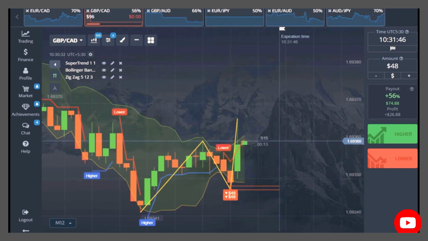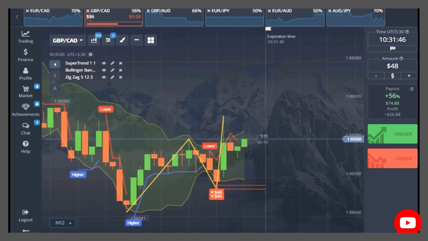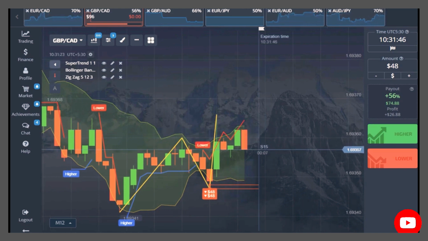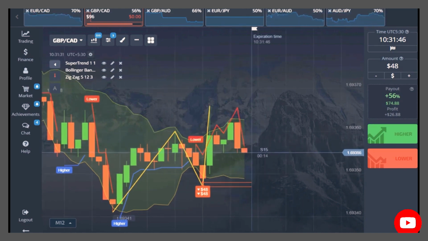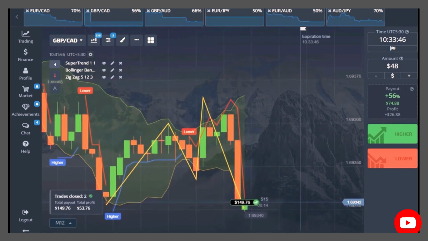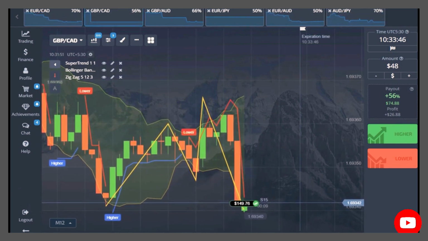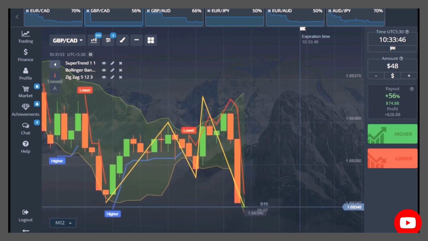Now, let's see whether this trade results in a profit or a loss. In this case, we have won this trade. Now, let's wait for the next perfect trade setup.